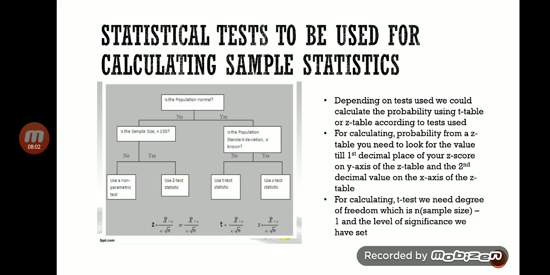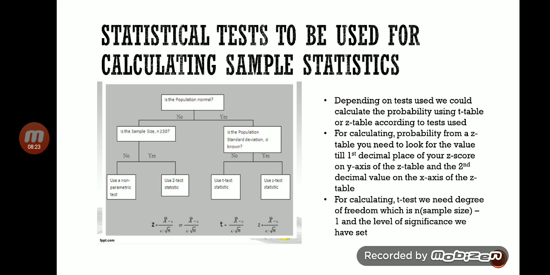So in different types of cases, we have to use different types of statistical tests to calculate the sample statistics. So if the population is normal, then we will check whether we know the standard deviation of the population or not.